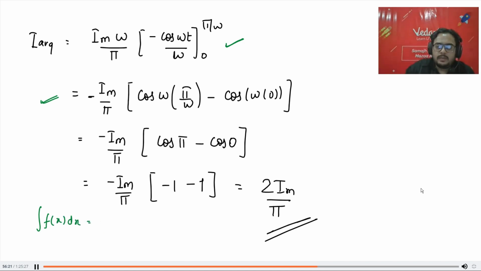And the limit is from a to b. So you write it g of b minus g of a. Do you know this? Then you don't know integration, na beta? It is a class 11th topic.